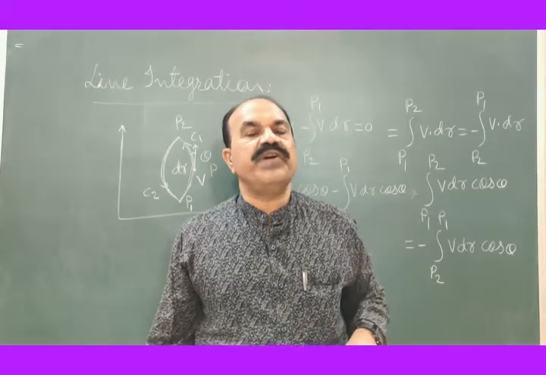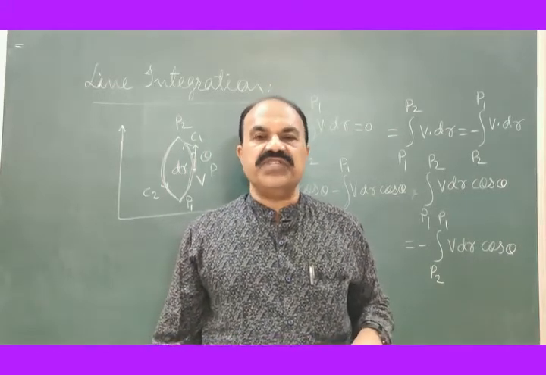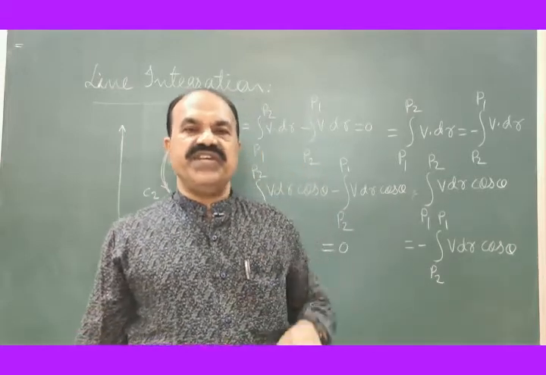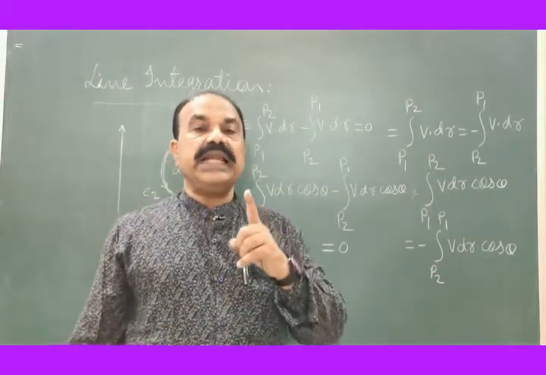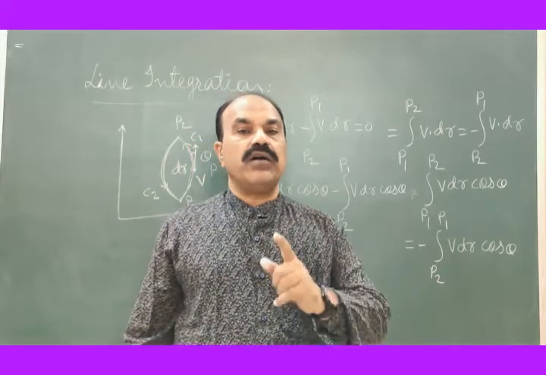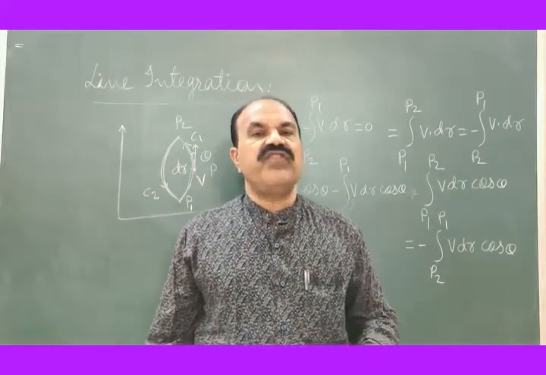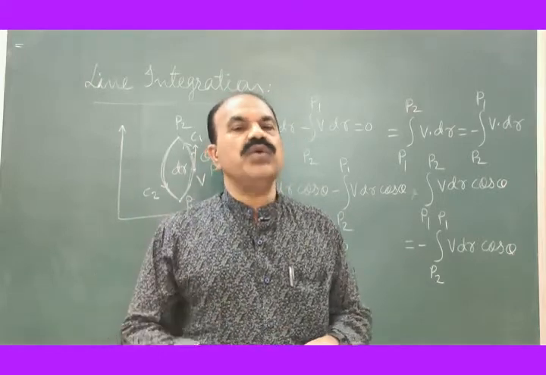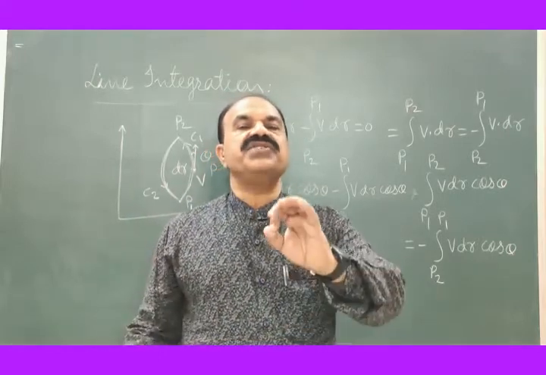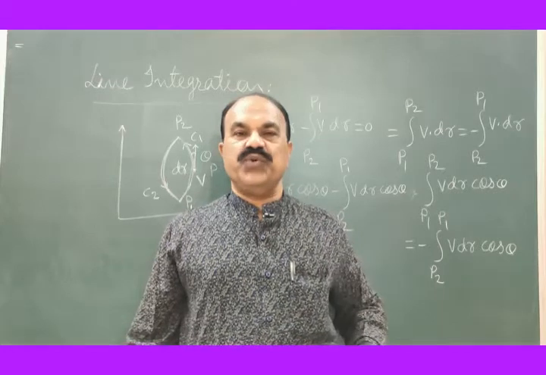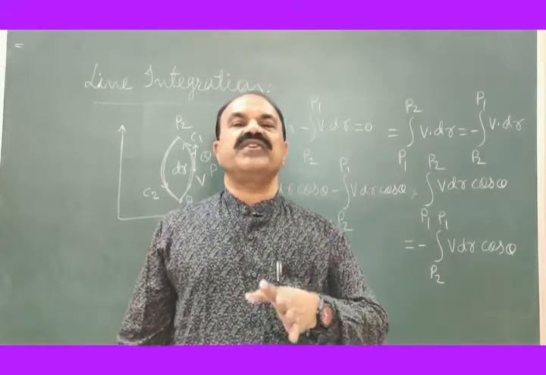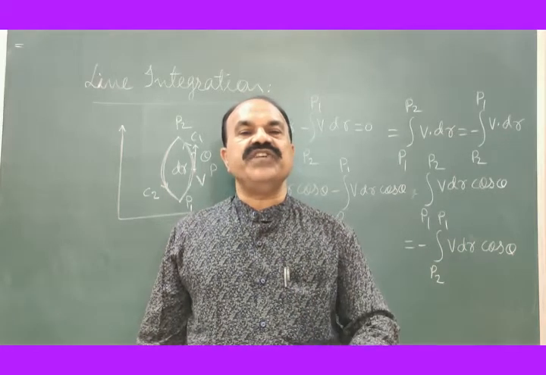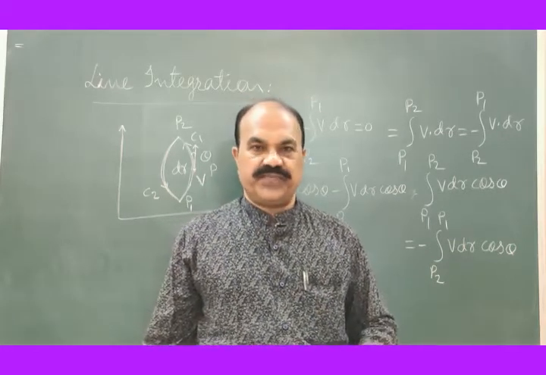And what is the property of conservative vector fields? The line integration of a vector point function about a closed path is always 0, and such a vector field is known as a conservative vector field.